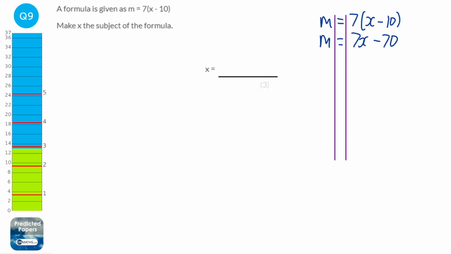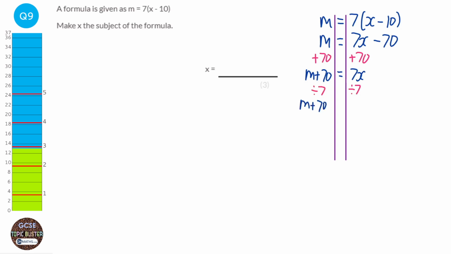We're going to add 70 to both sides, so we're trying to get x as the subject, on its own. Next we're going to divide both sides by 7. So we have m plus 70, all of that over 7 equals x. So x equals m plus 70 over 7.